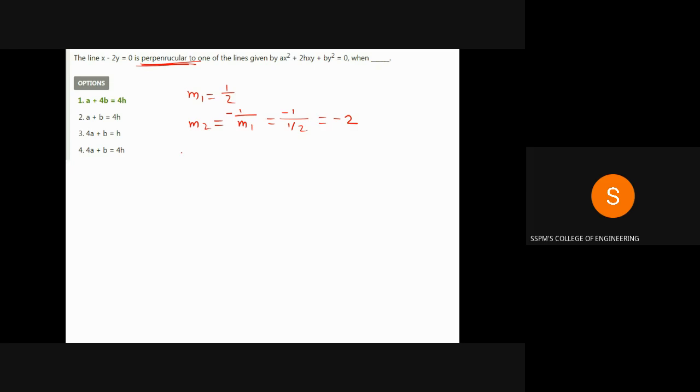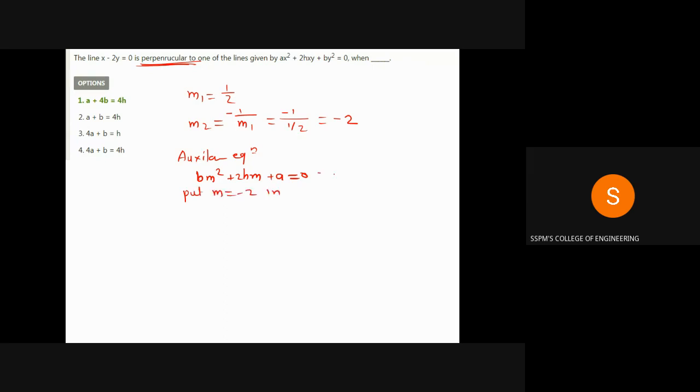Also, the auxiliary equation that we found was bm square plus 2hm plus a is equal to 0. This was the auxiliary equation, call it equation 1. Now we will put m equal to minus 2 in this equation.